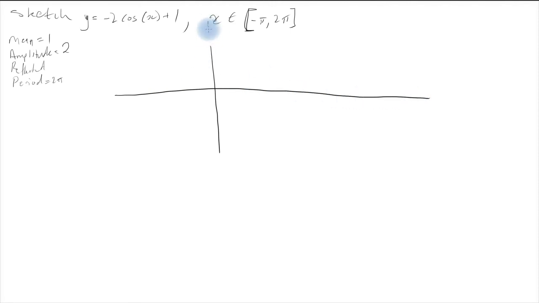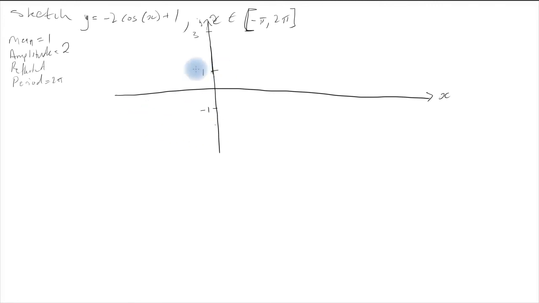Oops, that needs to go a bit higher. Okay. So this is our y-axis here. Alright, so we've got a mean of 1 and amplitude of 2, so it's going to go as high as 3 at a maximum and as low as negative 1.